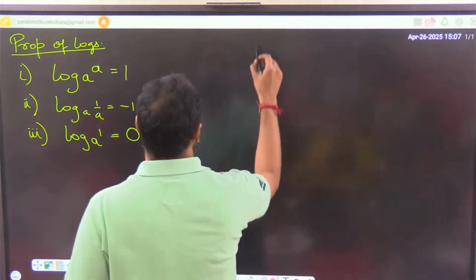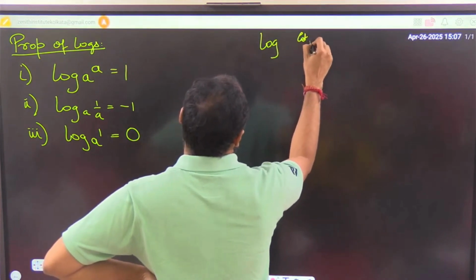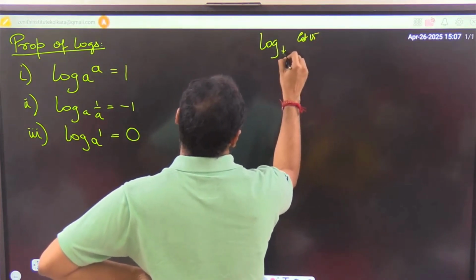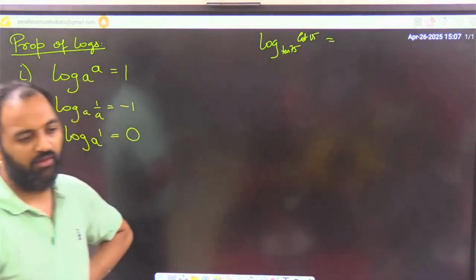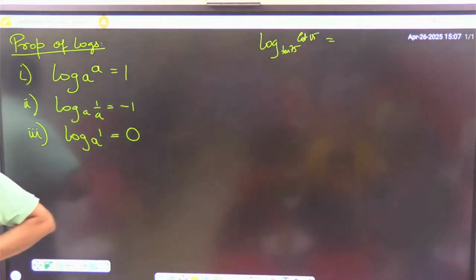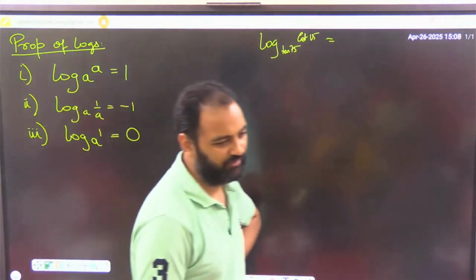Like for example, what will be the value of log of cot 15 to the base tan 75? What would be the log value of cot of 15 degrees to the base of tan 75?